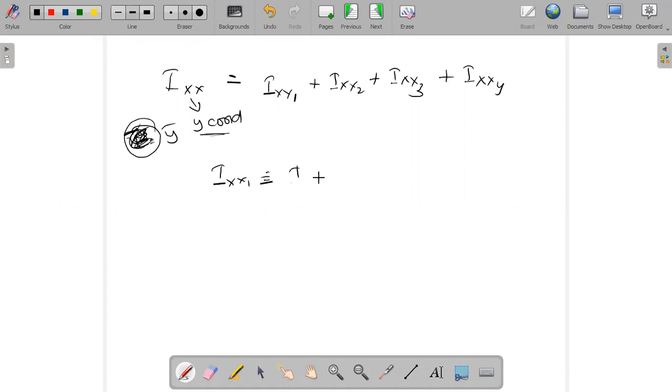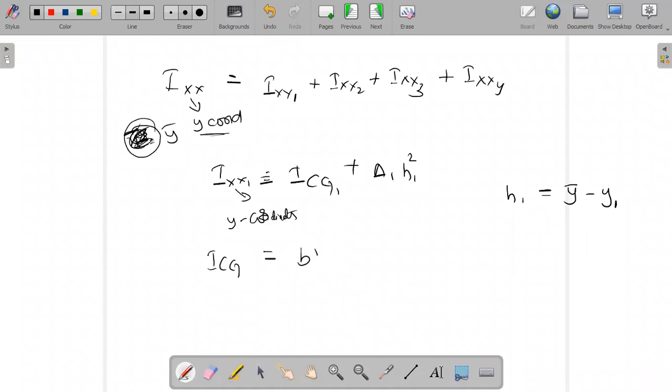Ixx1 is ICG1 plus A1H1 square, where H1 is equal to y bar minus y1. Whenever you write about the x-axis, you have to take the y coordinate. What is the ICG formula? Since this is a rectangle, the formula is BH cube by 12.